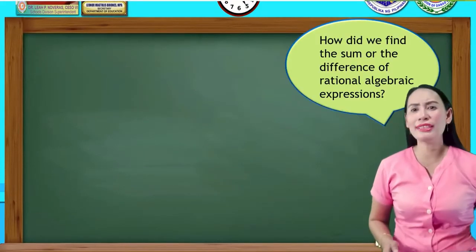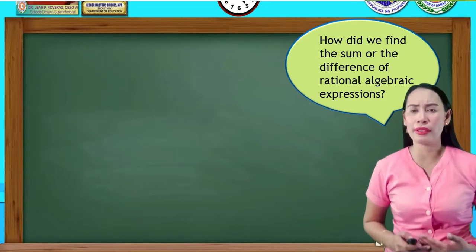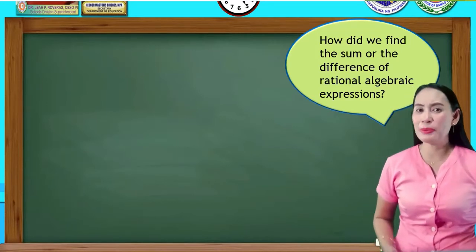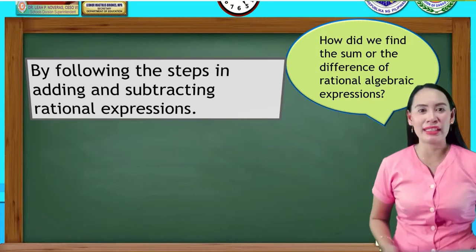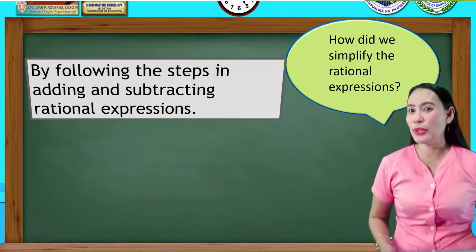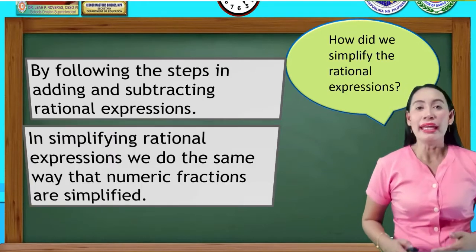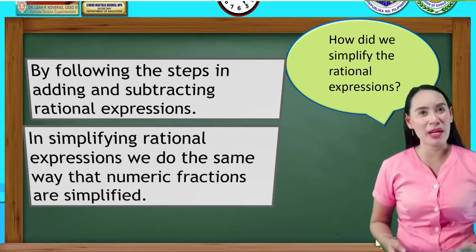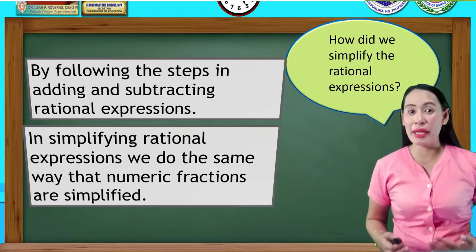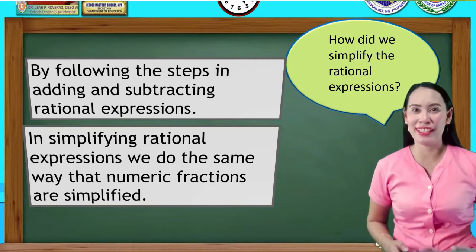How did we find the sum or the difference of rational algebraic expressions? By following the steps in adding and subtracting rational expressions. How did we simplify the rational expressions? In simplifying rational expressions, we do the same way that numeric fractions are simplified.